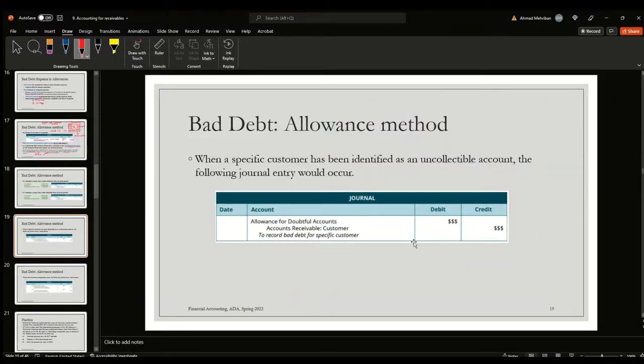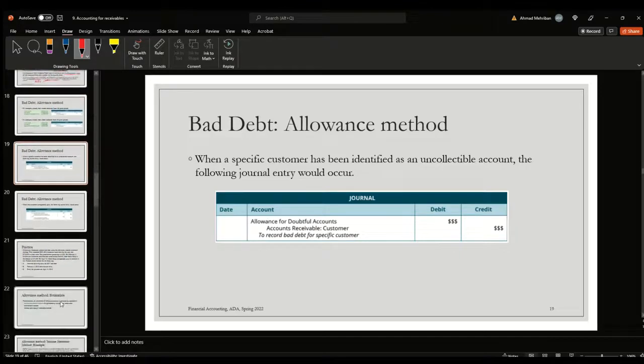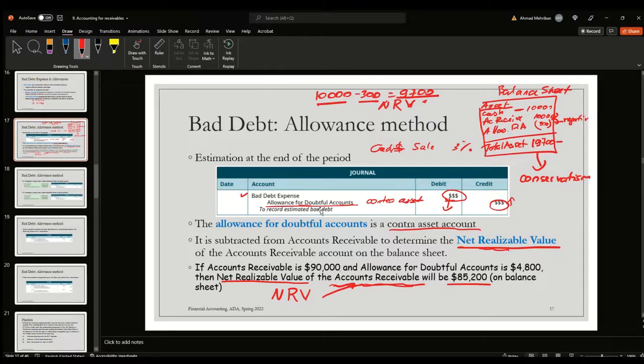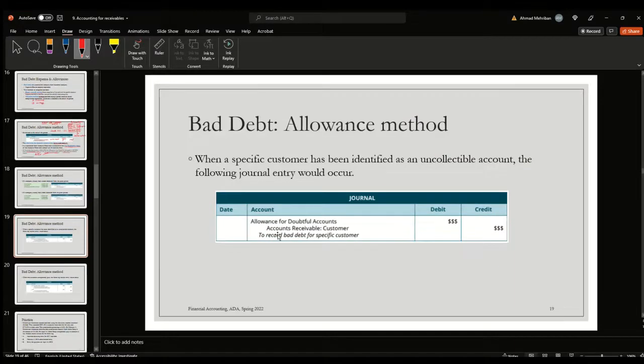I don't have an example, but okay. When a specific customer has been identified, first we make this estimation. We record bad debt expense debit and allowance for doubtful accounts credit. Then, if we assume the estimation was 300 and we identified one specific customer, there are no more estimations, it factually happened.